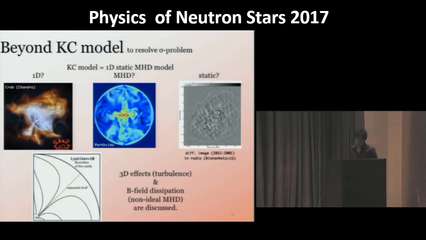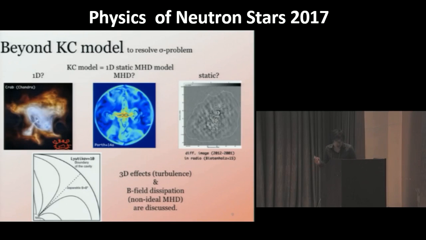It doesn't look one-dimensional, and some recent numerical studies show that, although this is MHD, we need magnetic dissipation to explain this structure, and we also know that the Crab nebula is not a static system.